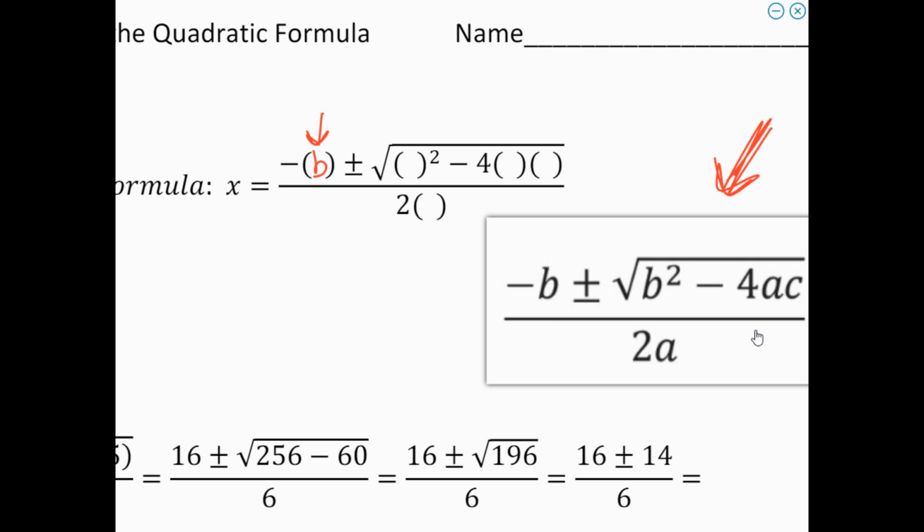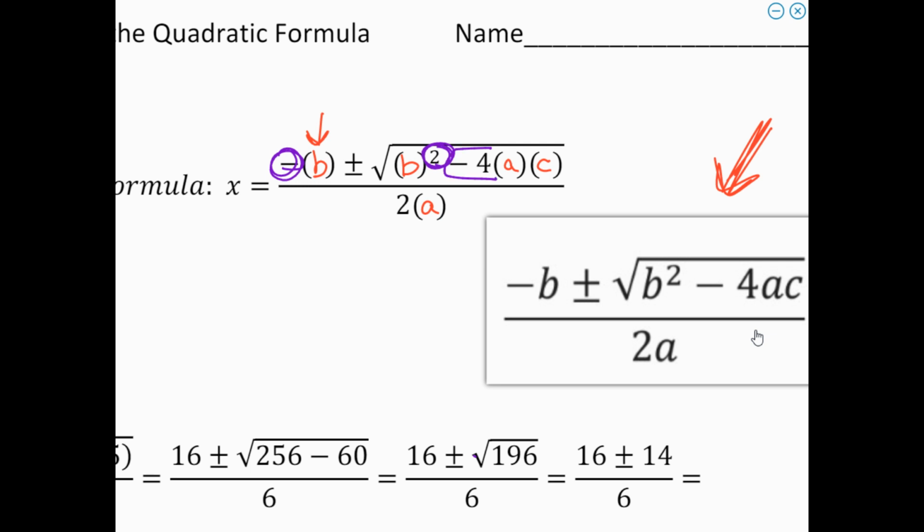Okay, what goes in this next parentheses? B. And in this parentheses, A, and then C, and in the bottom, A. Okay, that this negative is part of the formula. This squared is part of the formula.